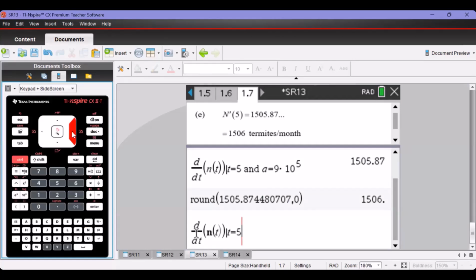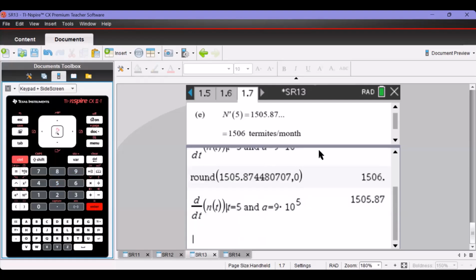Then I'm going to press the space key, then type in the word AND using the keypad, then another space, and then type in a equals 9 times 10 to the power of 5, and press enter.